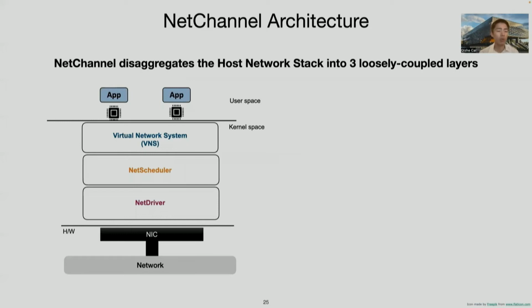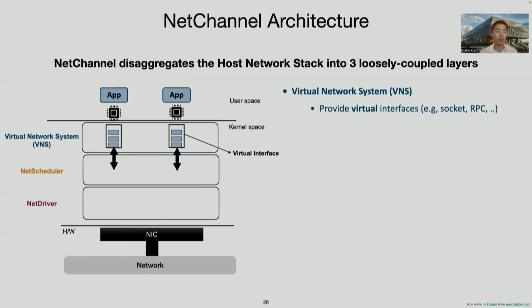NetChannel is our realization of this idea. NetChannel decouples the host network stack into three loosely coupled layers: the VNS, NetScheduler, and NetDriver layers. Let's first look at the virtual network stack or VNS layer. The primary responsibility of the VNS layer is to provide application virtual interface, for example, the socket interface, so that the existing application can run without any modification.